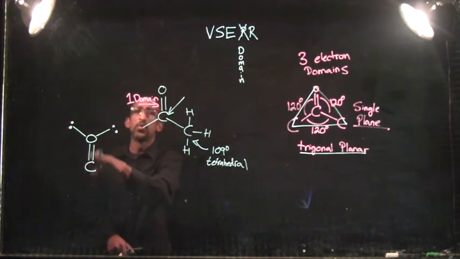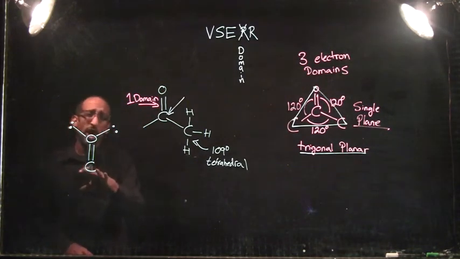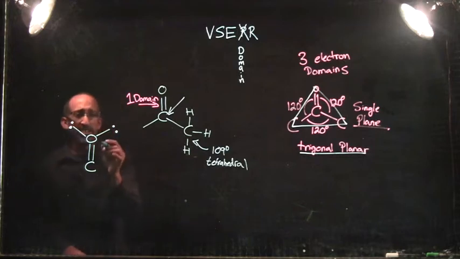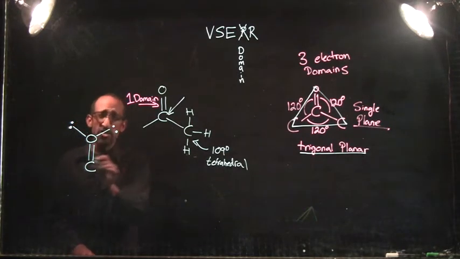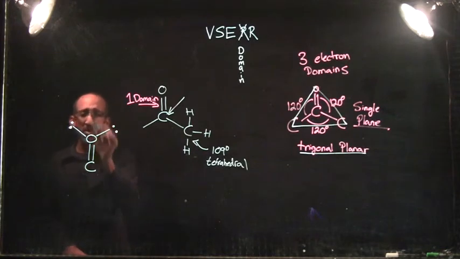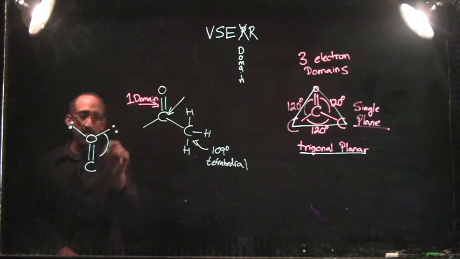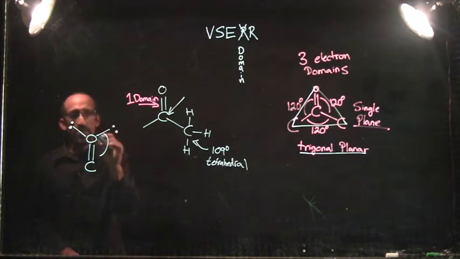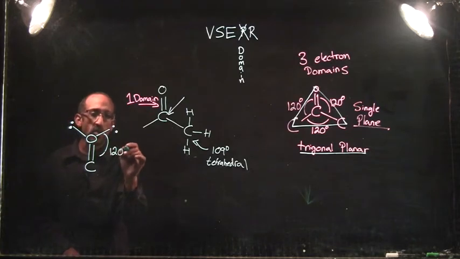Now, because it only has 1 other atom attached to it, we're not going to really give a descriptor for this geometry, but what I want to bring your attention to is that, again, we have 3 regions of electron density, so we have 3 electron domains, and still the angle between this lone pair domain and this double bond domain is going to be 120 degrees.